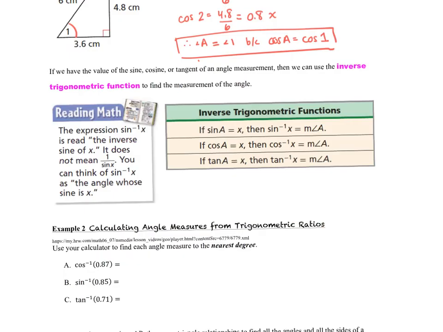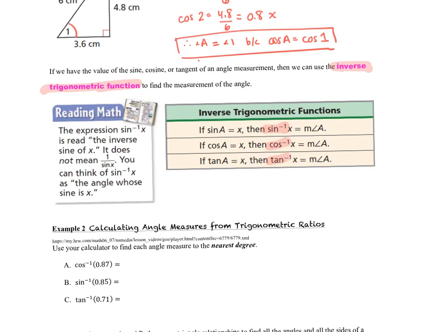So if we can come up with a fraction or decimal for our sine, cosine, or tangent, then we can use the inverse trig function to find the actual measurement of an angle. So I can actually find the measure of angle 1 and angle 2 from the previous problem using inverse trig functions. Inverse trig functions include this -1, like sine -1, cosine -1, tan -1.